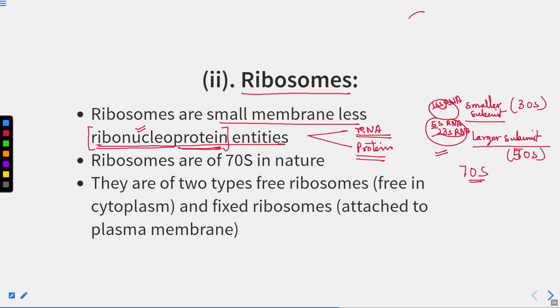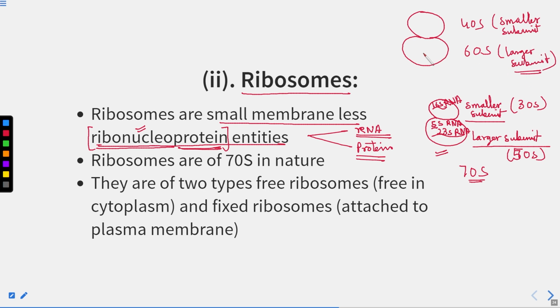And if you talk about the eukaryotes, then it is of the 40S and 60S type. This is the smaller subunit and this is the larger subunit. Here the components are very different. The smaller one has 18S, whereas here it has 16S, right?